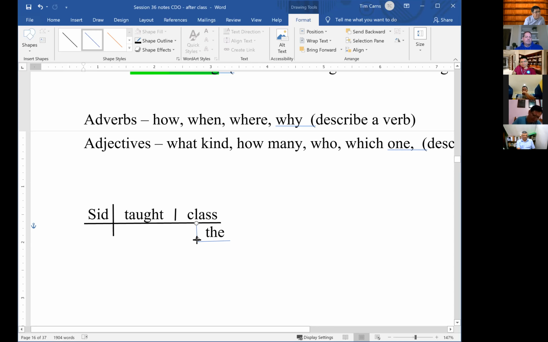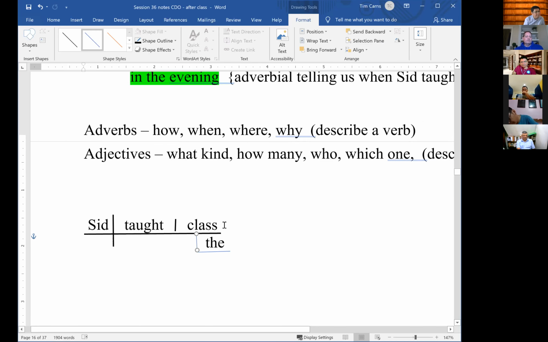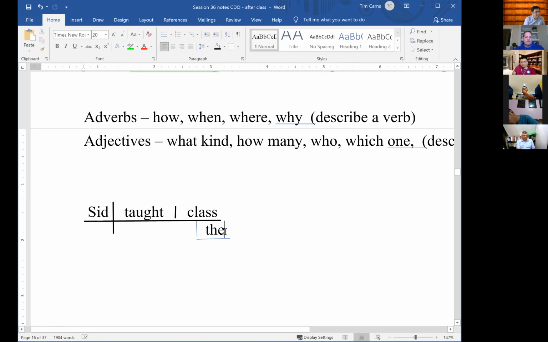But basically what it does, and then if you had of eager students, you'd have another line coming down. So like say class, you'd have of, right? And then you'd have students.